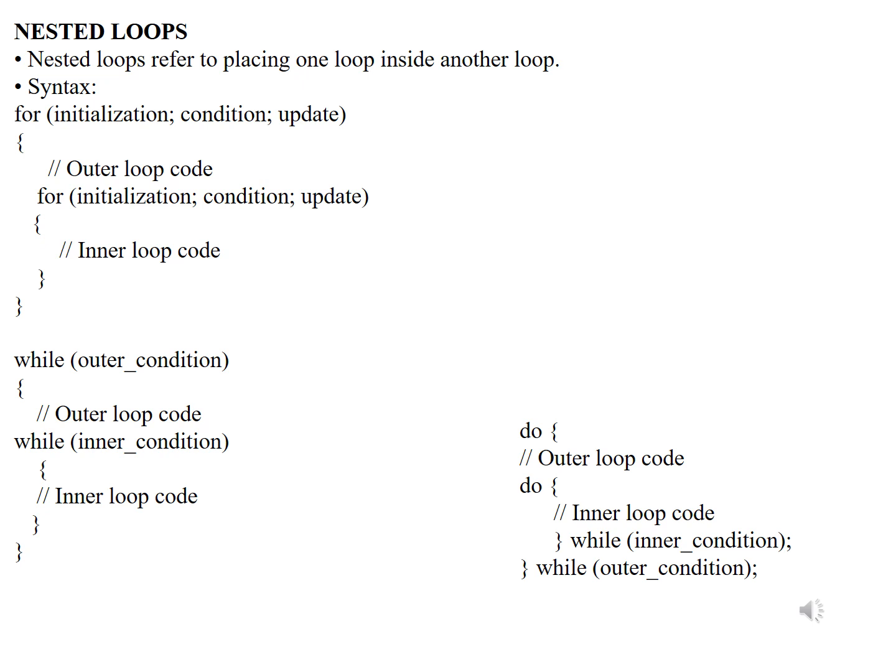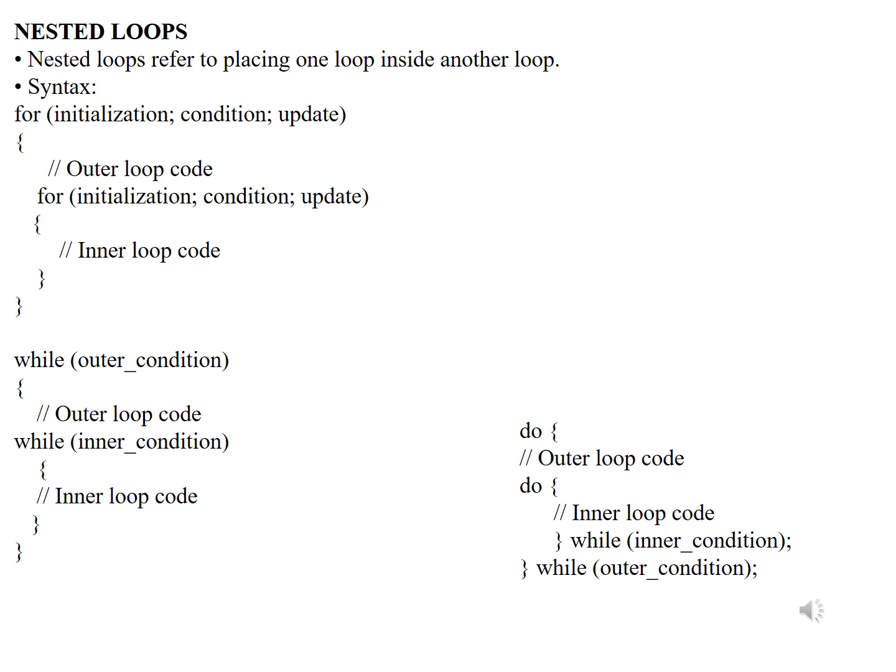In the same way, in the while loop also we can write while (outer condition) { outer statements will be written, and again inside that you can write while (inner condition) { write the inner loop code } } and close the brackets.